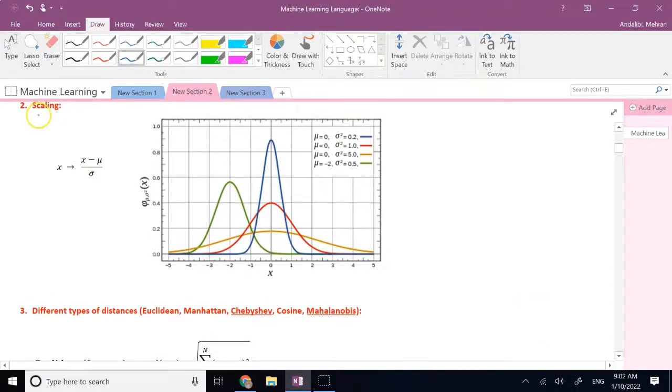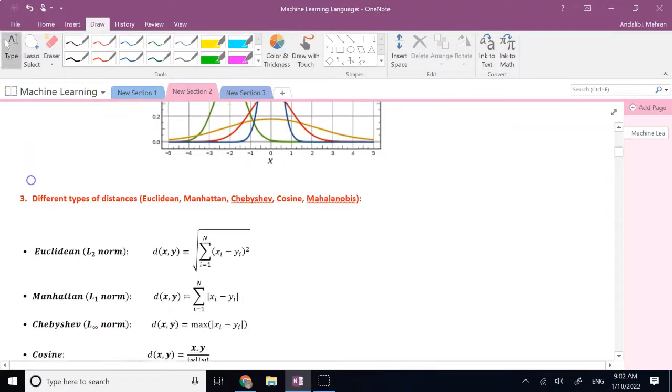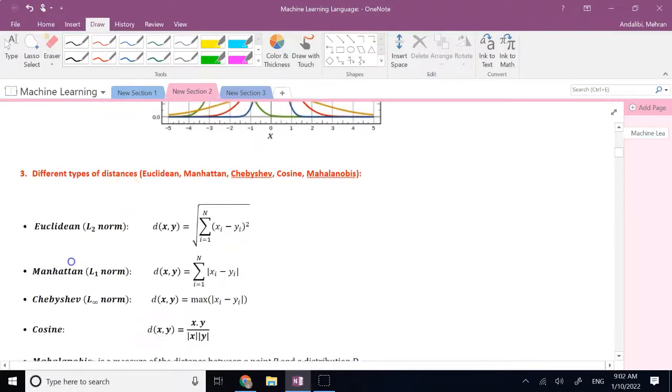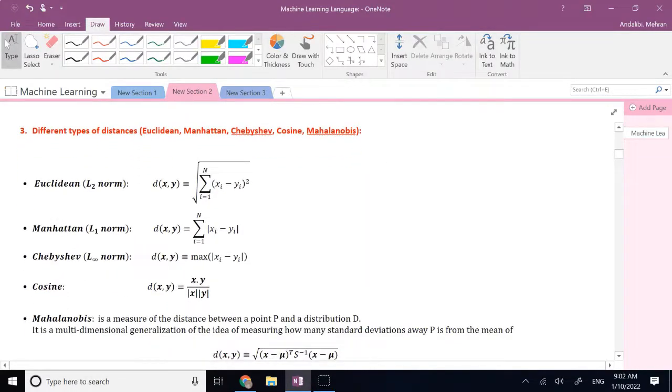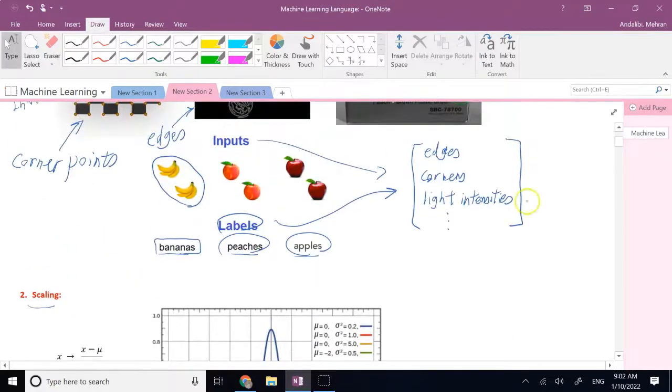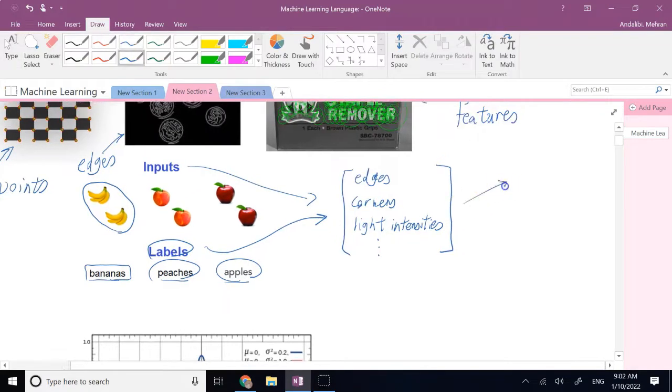Before I go to scaling, I would like to first talk about distances, and then I go back to scaling. One of the major things in any machine learning algorithm is measuring distances between two vectors. Let's say I have one vector called x and another vector called y.